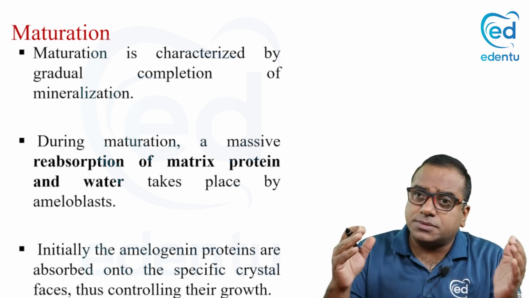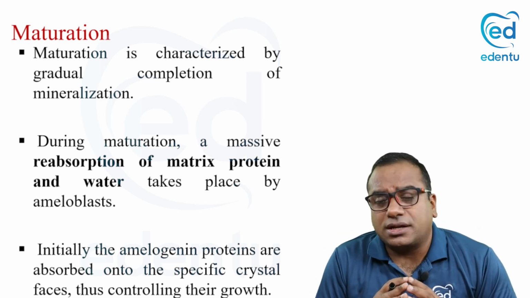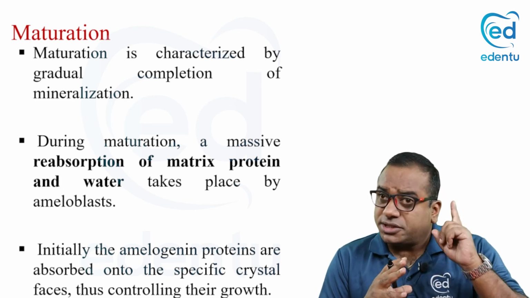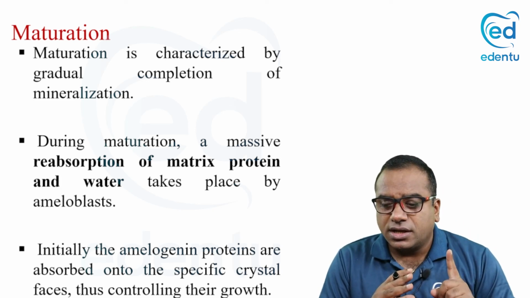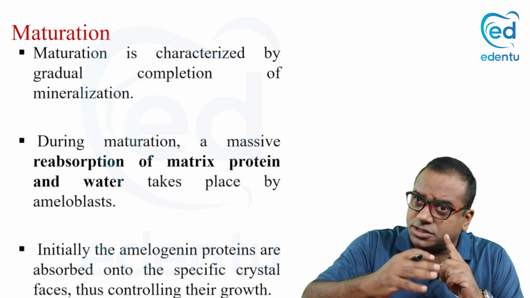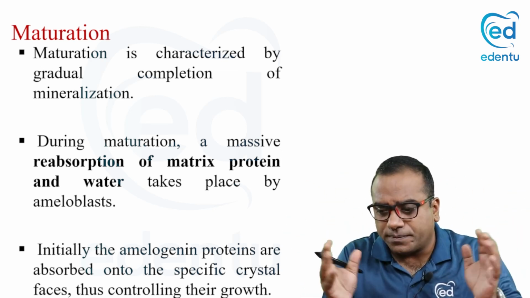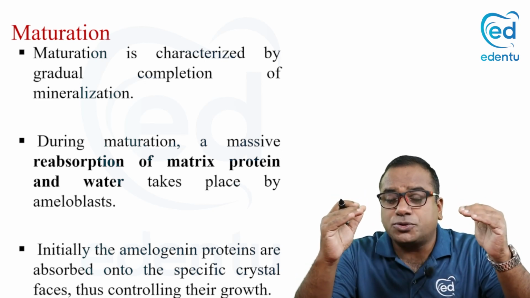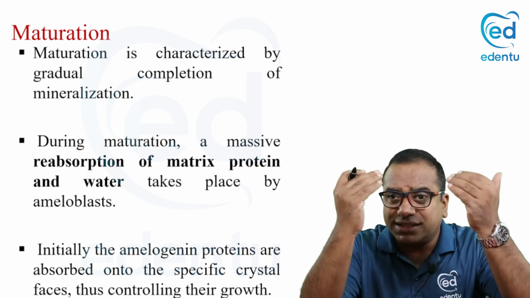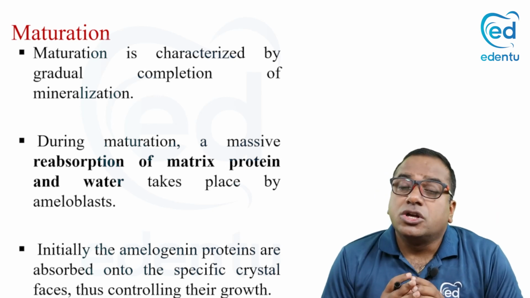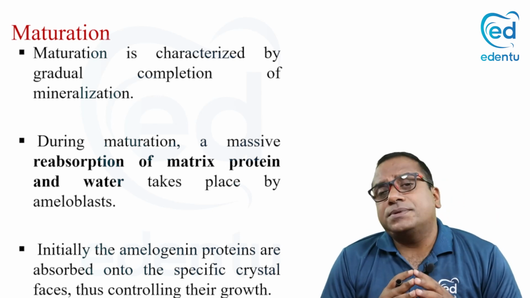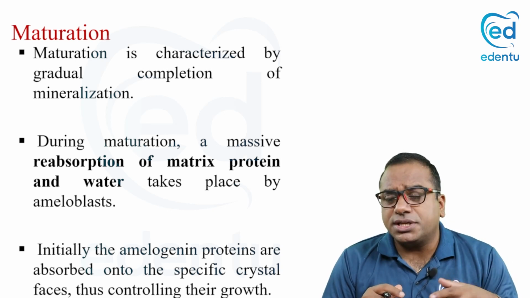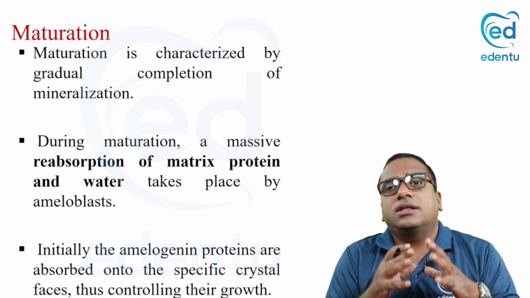Similarly, it proceeds from the cusp or incisal tips to the cervical region, that is, top to bottom. So these are the two steps in amelogenesis: matrix deposition and maturation, and the mineralization.